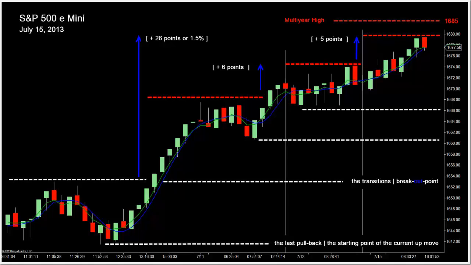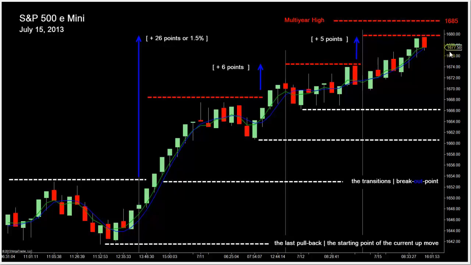For example, at today's close at 1677, the S&P could do one or two things. It could auction higher, trade above today's high, rally up to the known high at 1685, or it could pull back off the high. Therefore, we cannot say with certainty what the next tick will be.